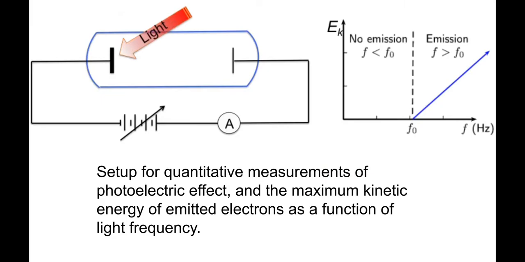When we're talking about electromagnetic waves, we also assume that electromagnetic waves can be photons. A very simple physical experiment shows that light can work as photons.